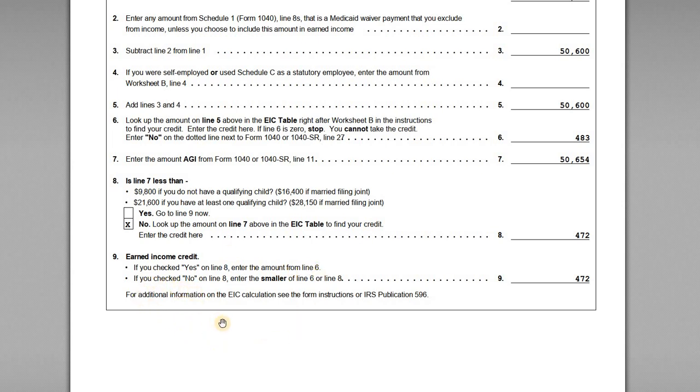If we checked no, which is what we did here, on line 8, enter the smaller of line 6 or line 8. So we've got line 6, line 8. The smaller amount here is going to be the $472. So that's the credit that Emily is going to be able to claim on her 1040.